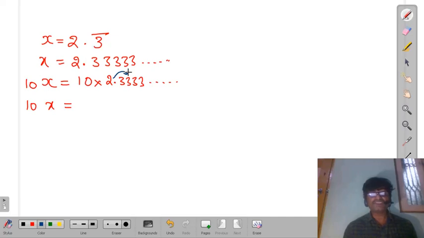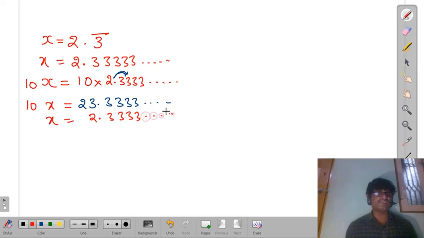But count how many zeros there are. There is one zero, so you just move the decimal point one digit right. So we can write this as 23.3333 and so on. Now, what is the x value? This is 2.3333 and so on. You can write any number of threes, that doesn't matter.